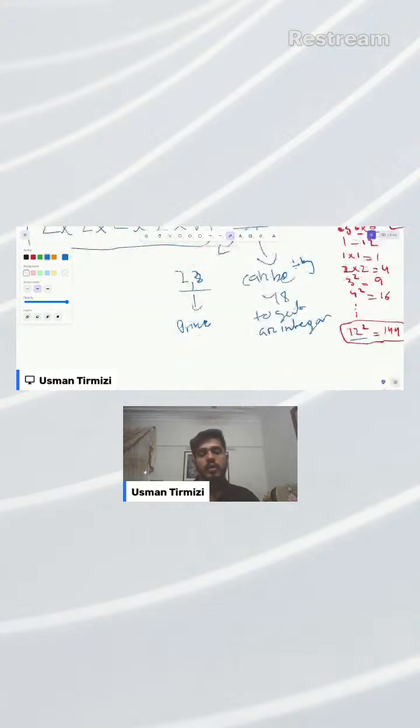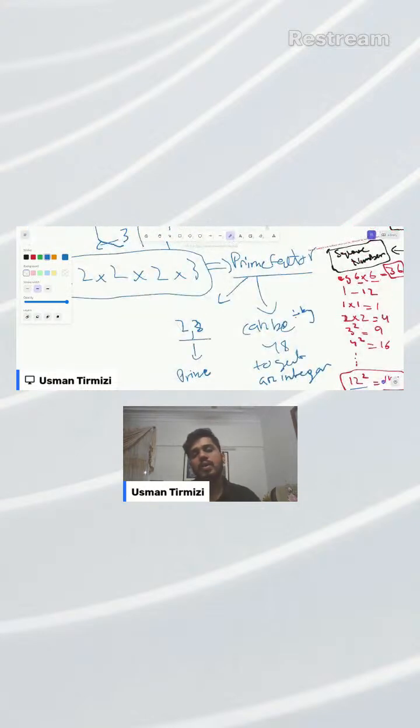Do you get it? So there are two reasons for that. Reason number one, 2 and 3 are obviously prime numbers themselves. And reason number two, they can divide 48 to obtain a whole number. So this is essentially what we are doing.